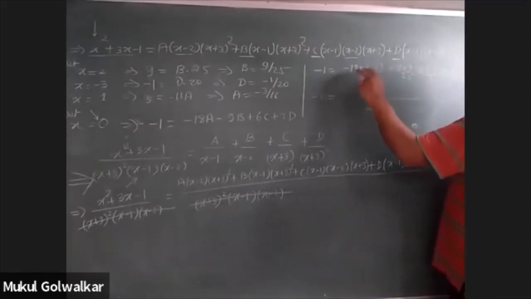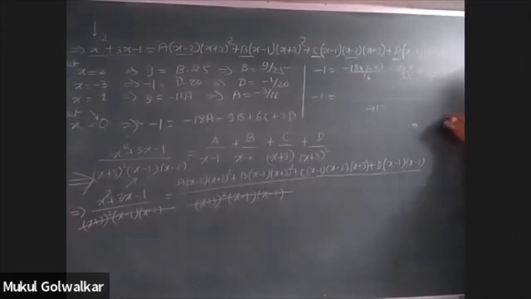25 into 54. That will give you 12,600. Oh, somewhere I am committing a mistake. It's 135, so 1350.